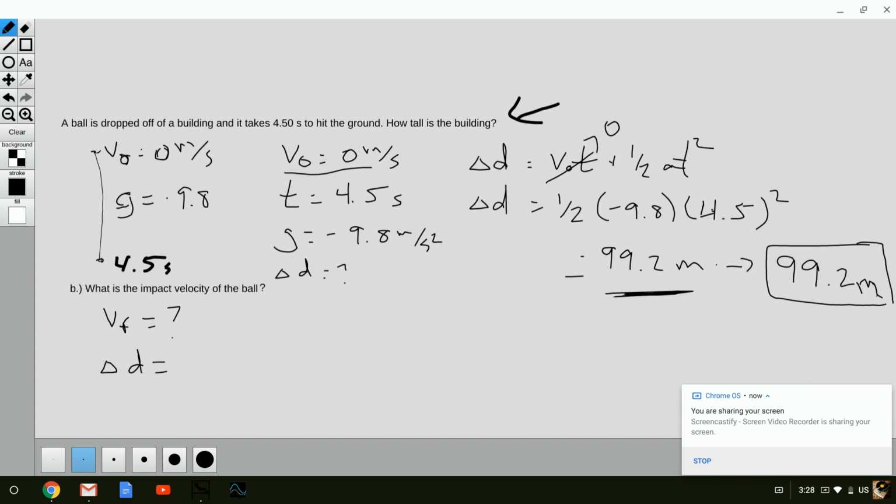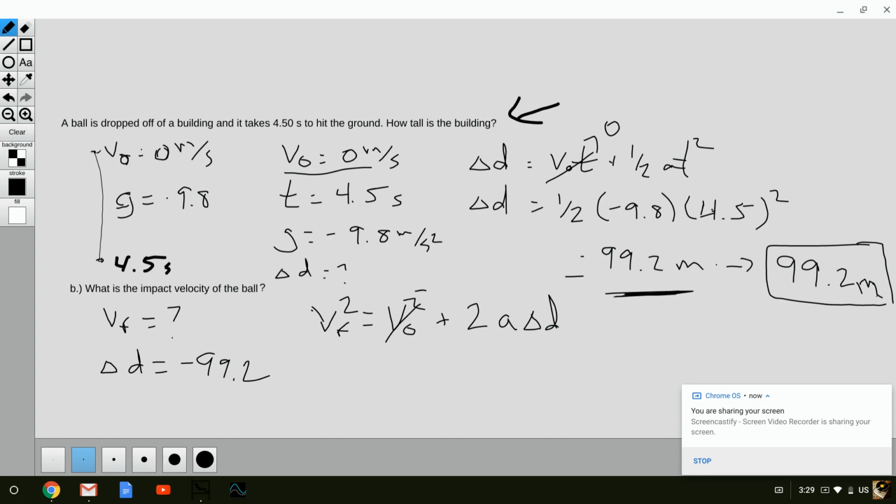Our displacement of the ball was a negative 99.2. So we use this equation here: VF squared equals V naught squared plus 2A delta D.